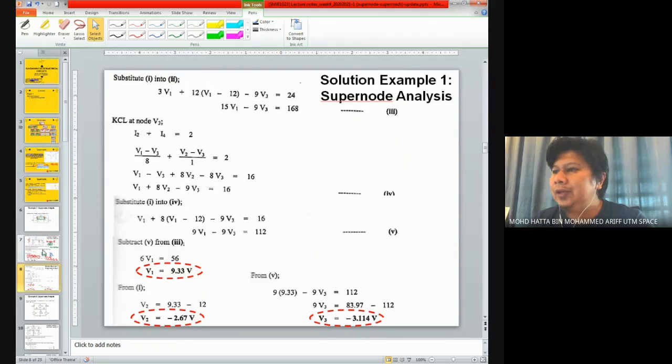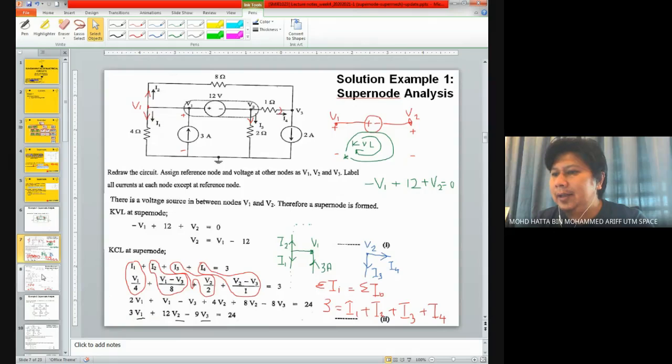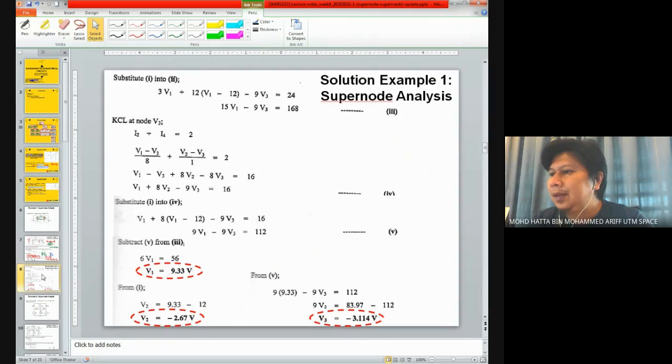If you look at node V3, okay, maybe I will draw it over here. Something which looks like this. This is I4. This is 2 ampere. And I have a current at the top coming from node 1, I believe, is I2.